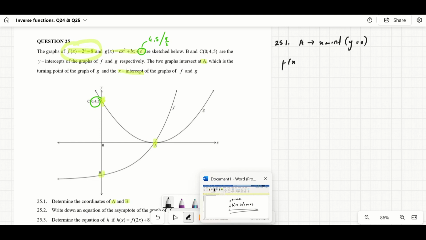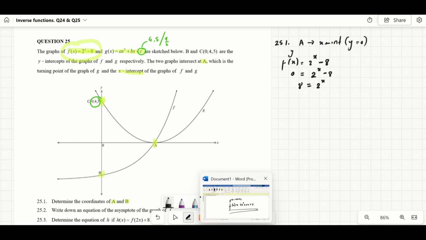So f of x, which means y, is 2 exponent x minus 8. For every x-intercept, y is 0, so 0 equals 2 exponent x minus 8. This is an exponential equation, so I transpose the 8: 8 equals 2 exponent x.